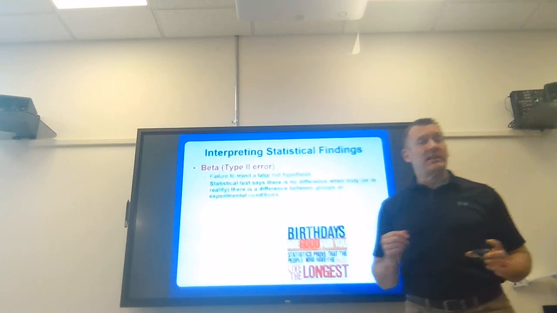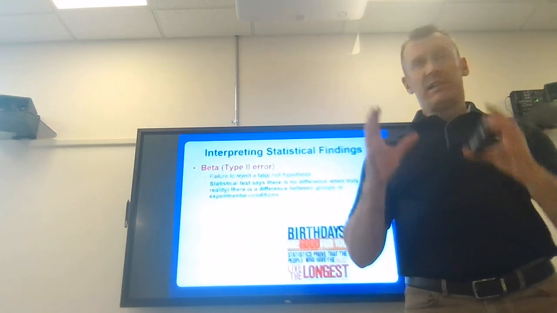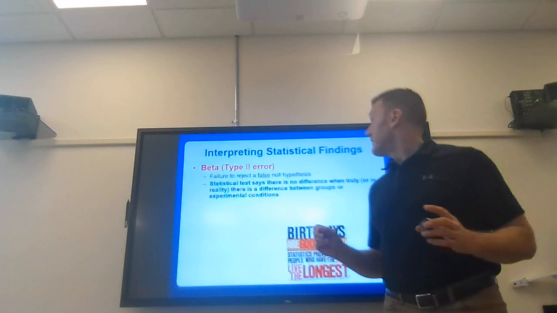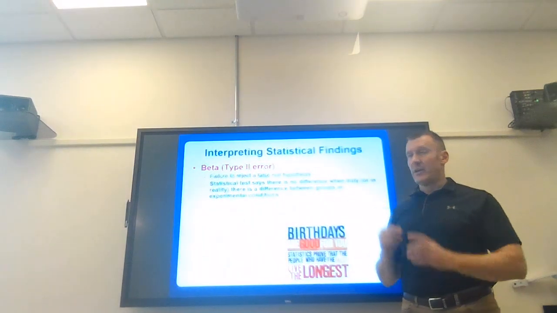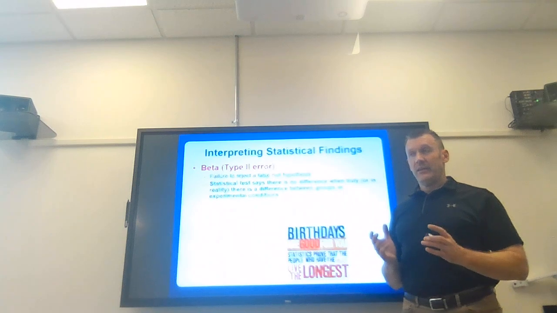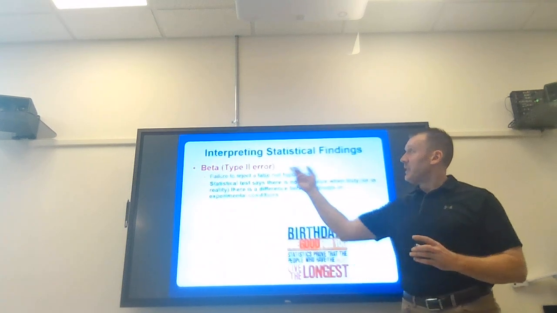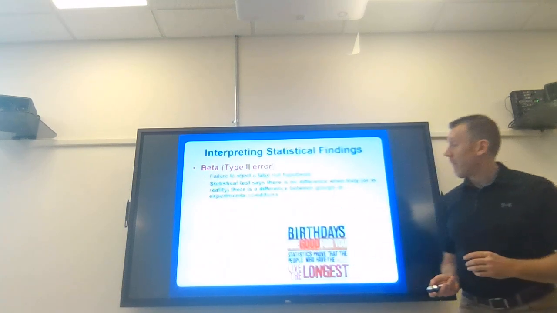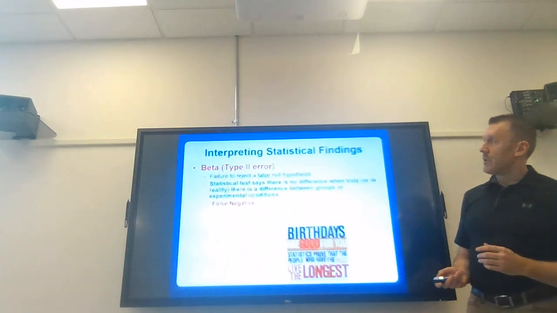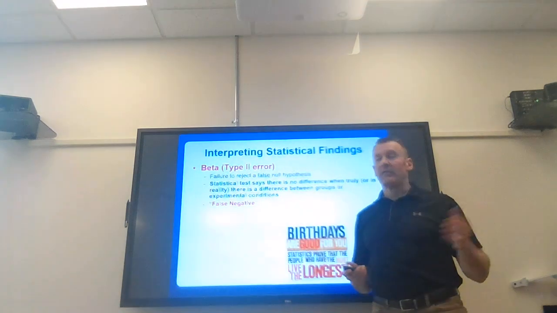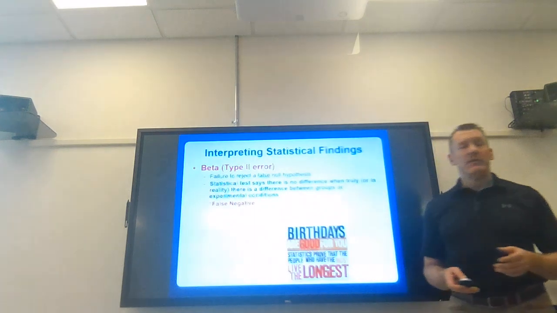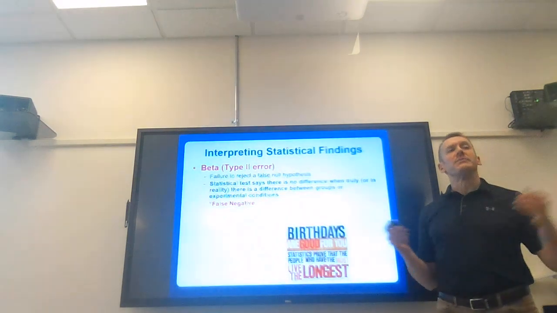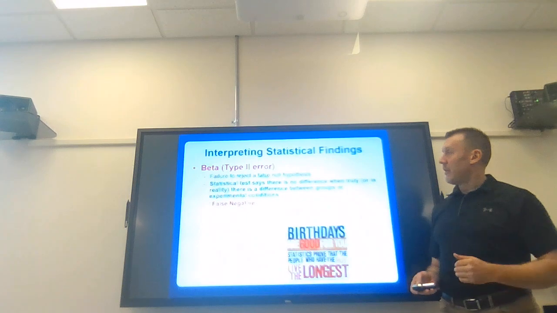Maybe the testing on a particular sample says there is no difference in treatment outcomes when in reality there are differences. So a type 2 error is what we talked about, a false negative, saying there's no difference between conditions when in reality there are.